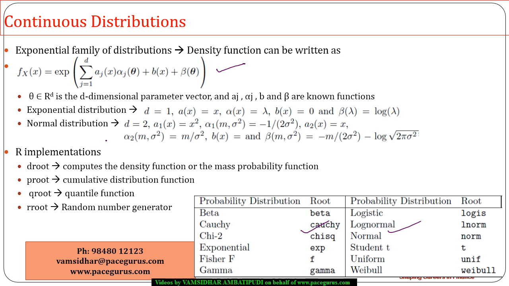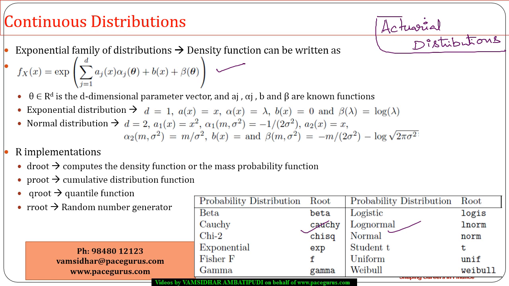Now, all these things are present even as a part of the base package of R, or there are a few important sophisticated specialized packages in R which are exclusively dealing with various actuarial distributions. We have different kinds of packages dealing with actuarial distributions.